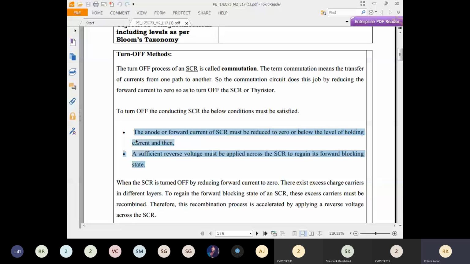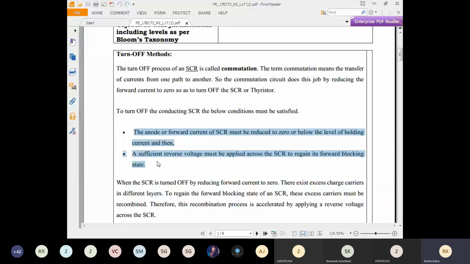The first condition states that the anode or forward current of the SCR must be reduced to 0 or below the level of holding current. That means whenever I have the SCR conducting, I need to bring the current back to 0 or to less than IH. IH is your holding current.